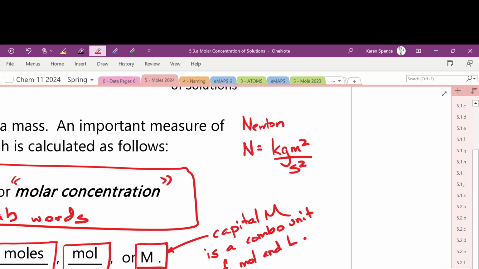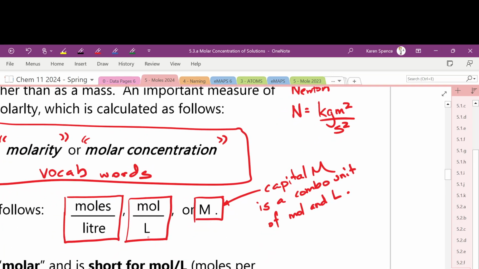So similarly, sometimes we write moles per liter, but other times we will write capital M. And we don't say moles per liter when we say capital M. Capital M is pronounced molar.